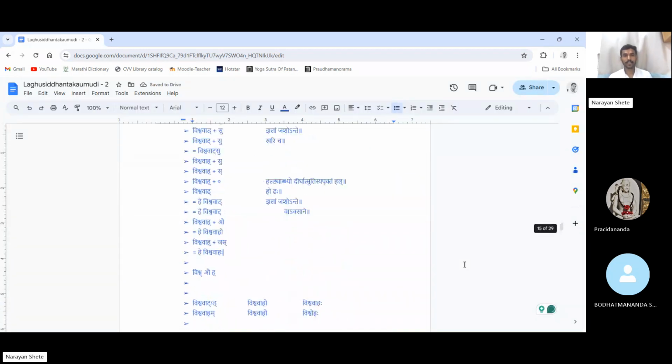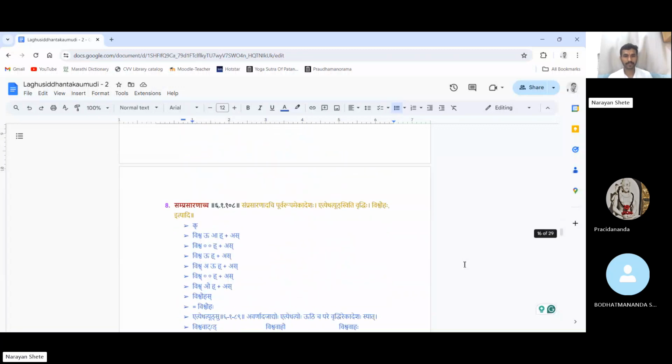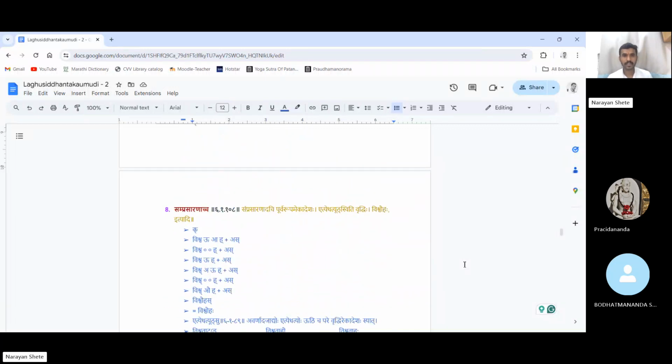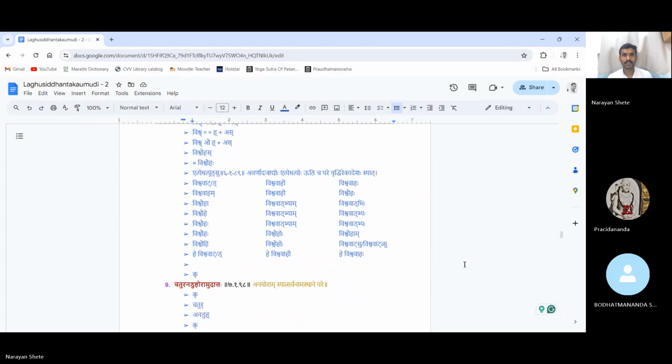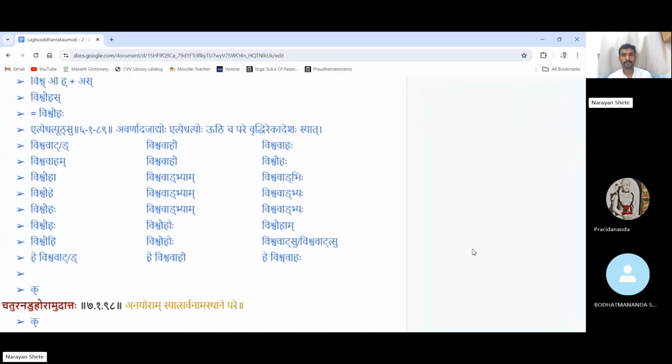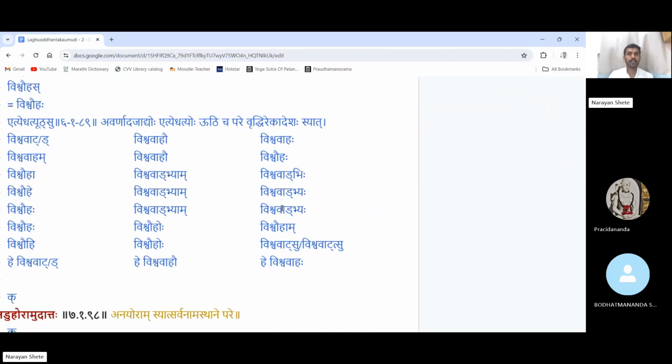Here the Vishwavah shabda gets over. Here: Vishwavat, Vishwavad, Vishwavaho, Vishwavaha, Vishwavaham, Vishwavaho, Vishwavaha.